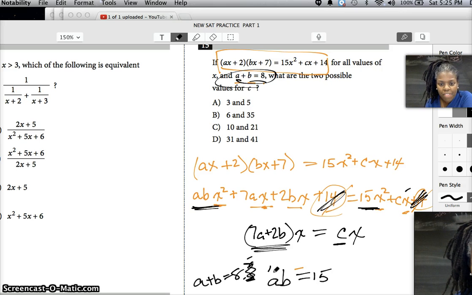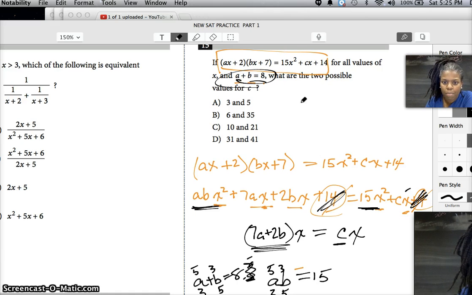But the thing about this is that we don't know which one is 5 or which one is 3. So it could be 5 and 3 or 3 and 5, we're just not sure. And that's how we're going to get 2 different answers for this situation. So remember, 7a plus 2b is equal to c. I'm going to plug a 3 in here.